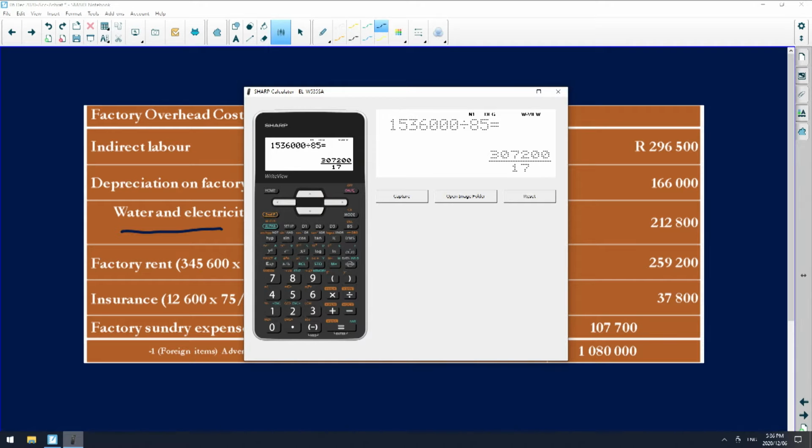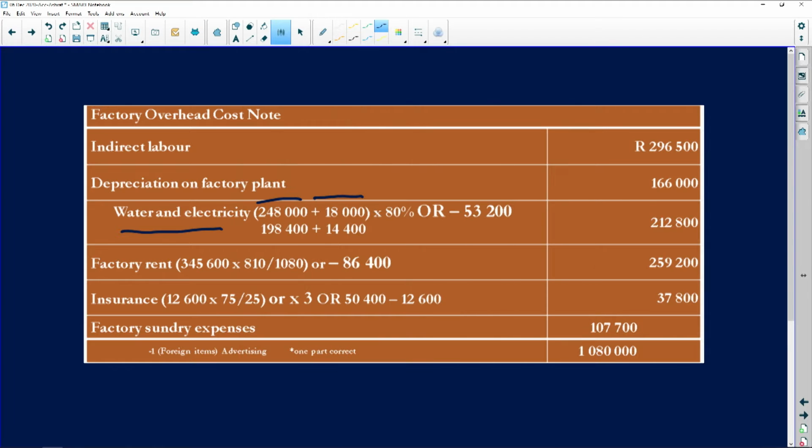We've got the 248,000 plus my 18,000, right? It will give me that figure times the 80%, and you get a figure of 212,800. So obviously, here goes. You can see there's my figure of 212,800.